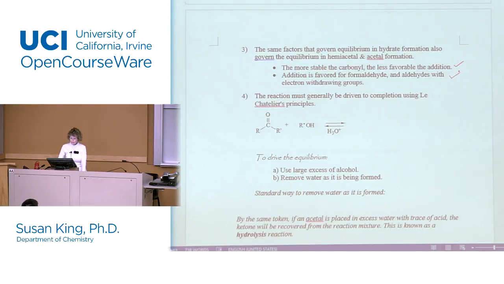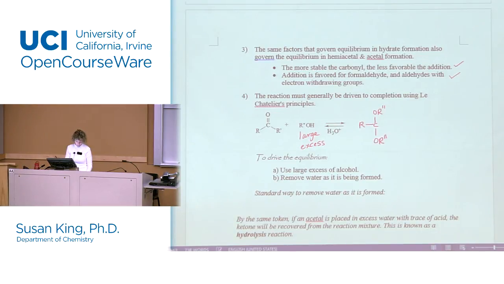The reaction must generally be driven to completion using Le Chatelier's principle. To drive the equilibrium, you typically use a large excess of alcohol or remove water as it's being formed, or both. You can do both things. So there would be a large excess here. Let's draw the product, with OR or OR prime.